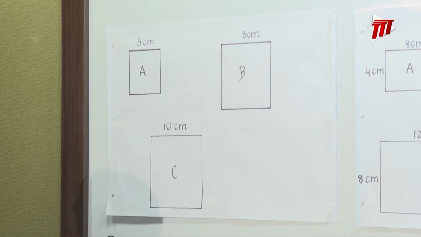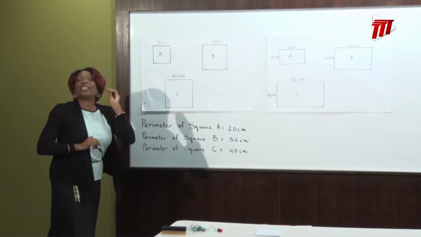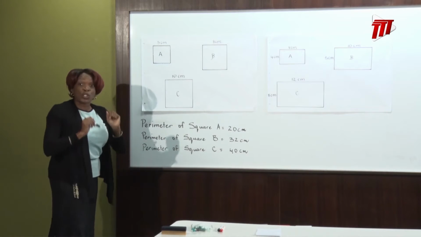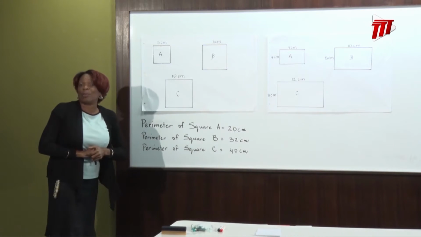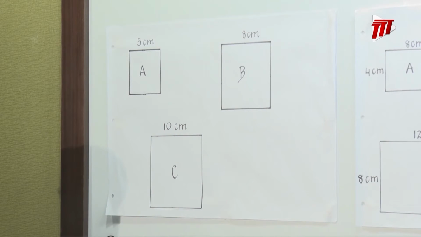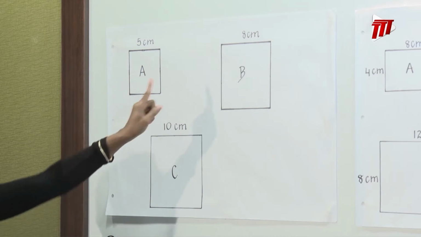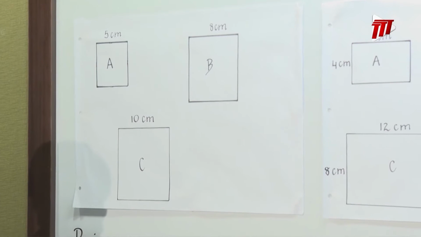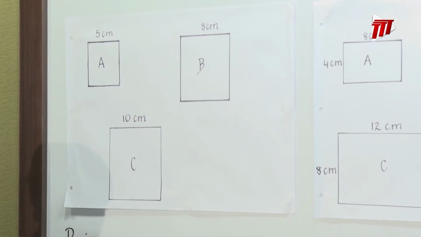I know you know what to do. Wonderful. Divide by 4. Remember, the square has 4 equal sides, so if I divide 20 centimeters by 4, I will get the length of square A, which is 5 centimeters. 32 centimeters divided by 4 will give us 8 centimeters. Likewise, 40 centimeters divided by 4 will give us 10 centimeters.